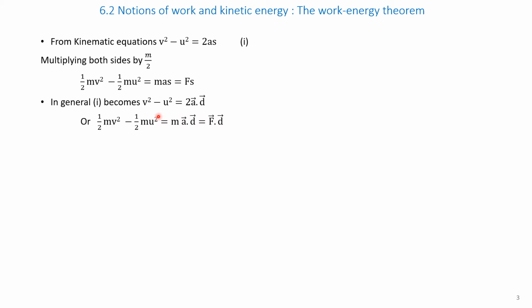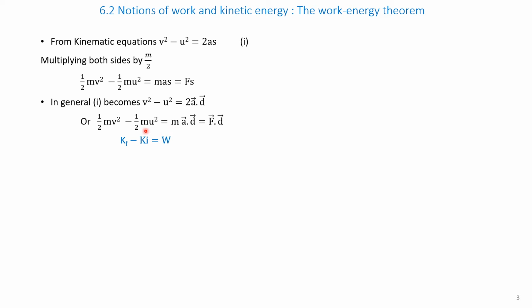So that can be once again written, multiplying by m by 2 on both sides, as half mv square minus half mu square is equal to m a dot d, that is equal to F dot d.